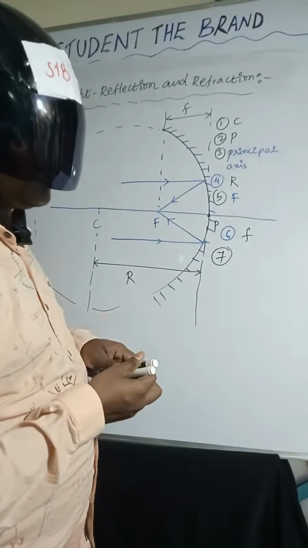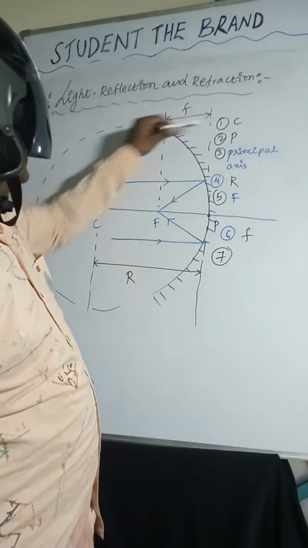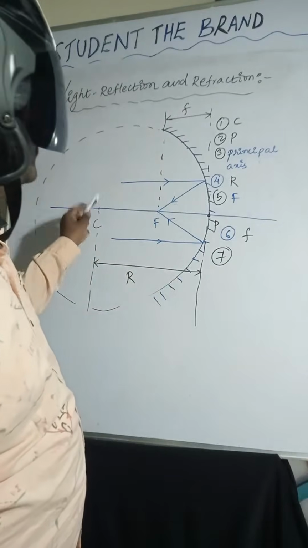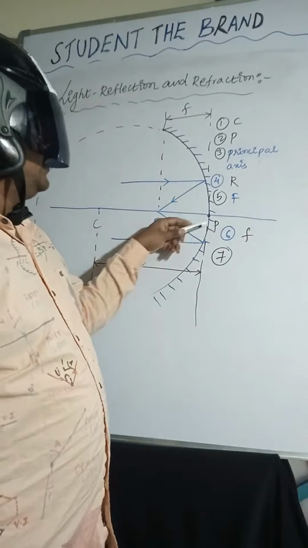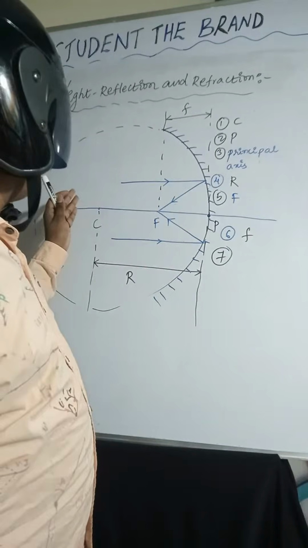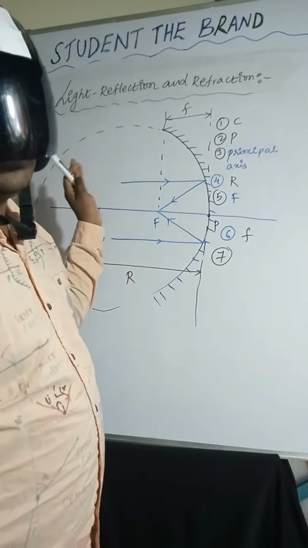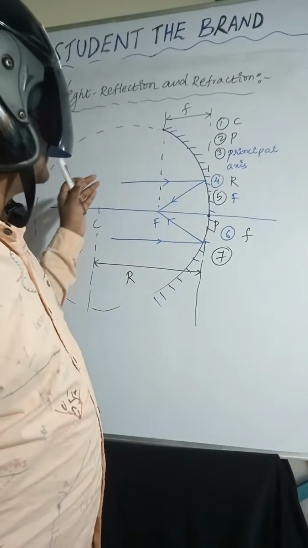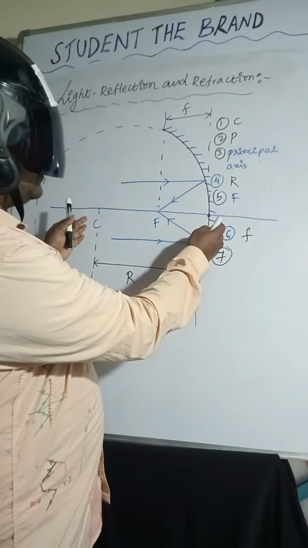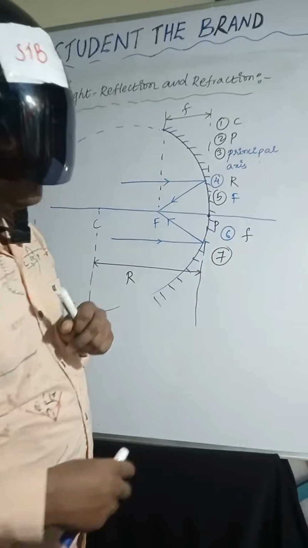Once again, listen carefully. Center of the imaginary sphere of which the mirror is a part is the center of curvature. Midpoint of the mirror is called pole. Line joining center of curvature and pole is called principal axis. The distance between center of curvature and pole is called radius of curvature.